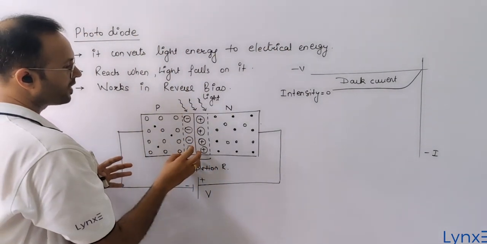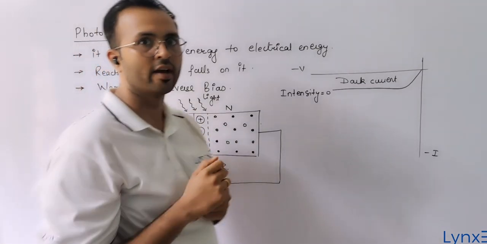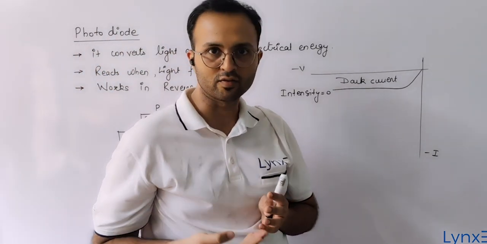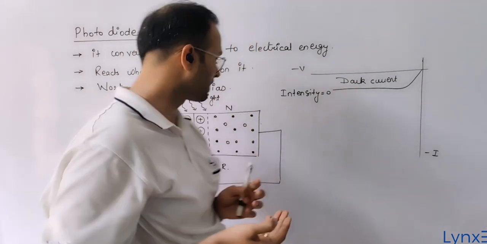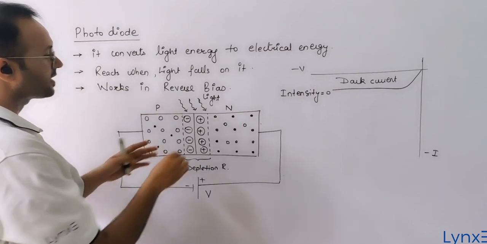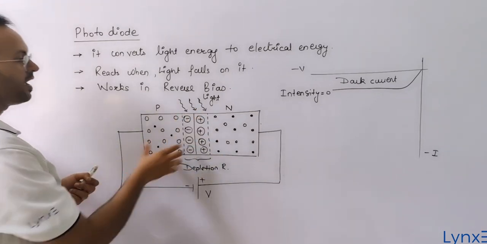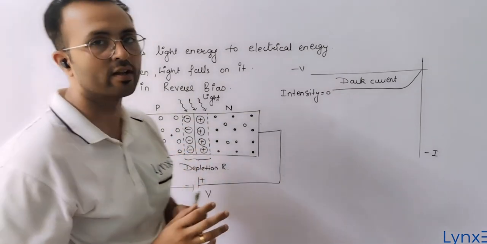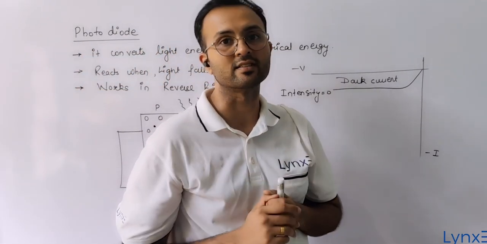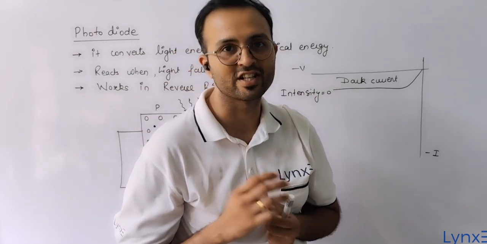The charges move out from the junction and the barrier starts getting reduced as you increase the reverse voltage as well as the intensity. More and more electron-hole pairs will be generated in the depletion region, and the barrier potential will not exist. If the depletion region does not exist, conduction will start.